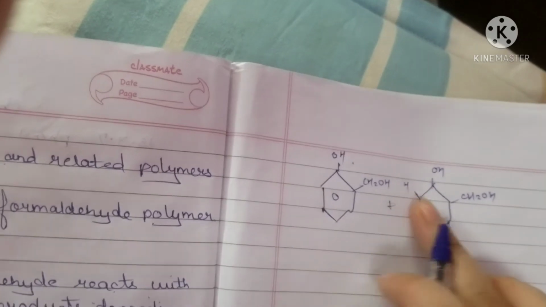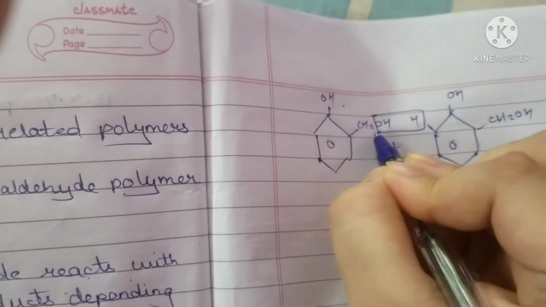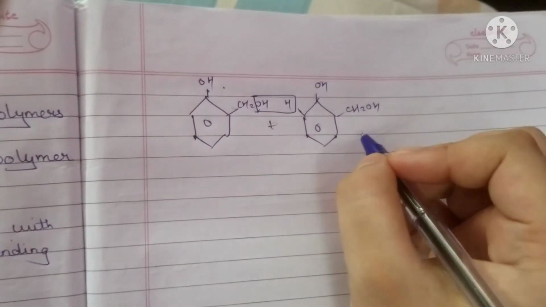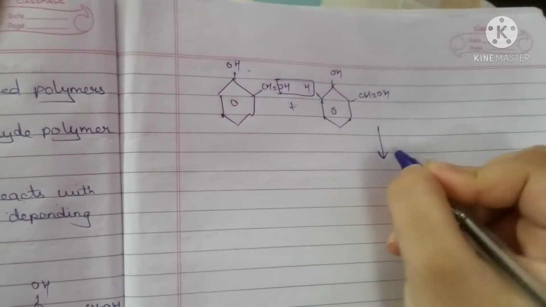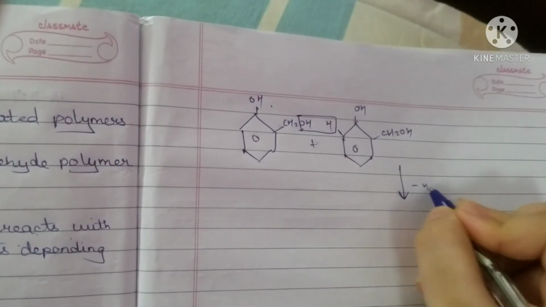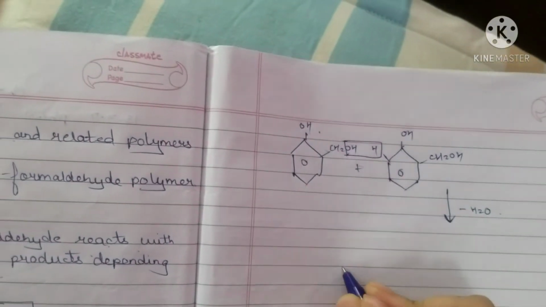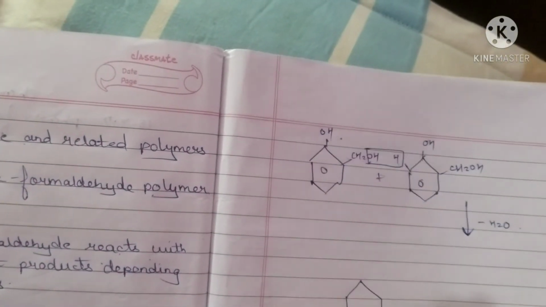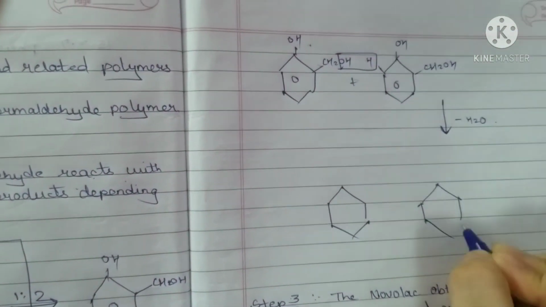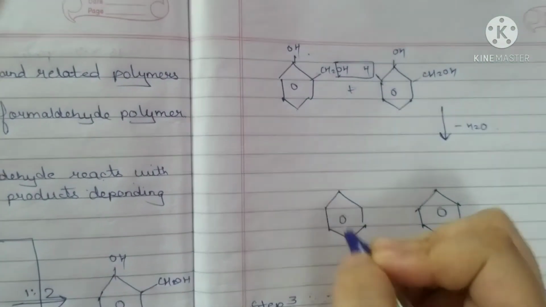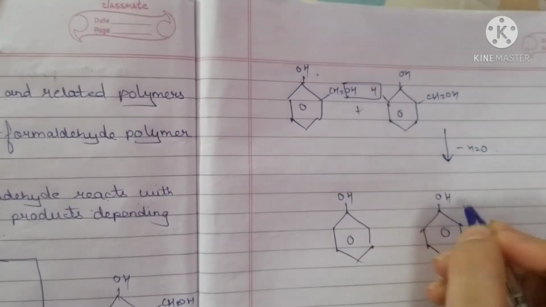Now the next step is you're going to remove the water molecule. If you remove the water molecule here, what are you going to get? This is going to get eliminated, right? So you will be left with, I'm writing here, minus H2O, which means you are eliminating a water molecule. So draw the two phenol structures again. Here you have OH, here you have OH.